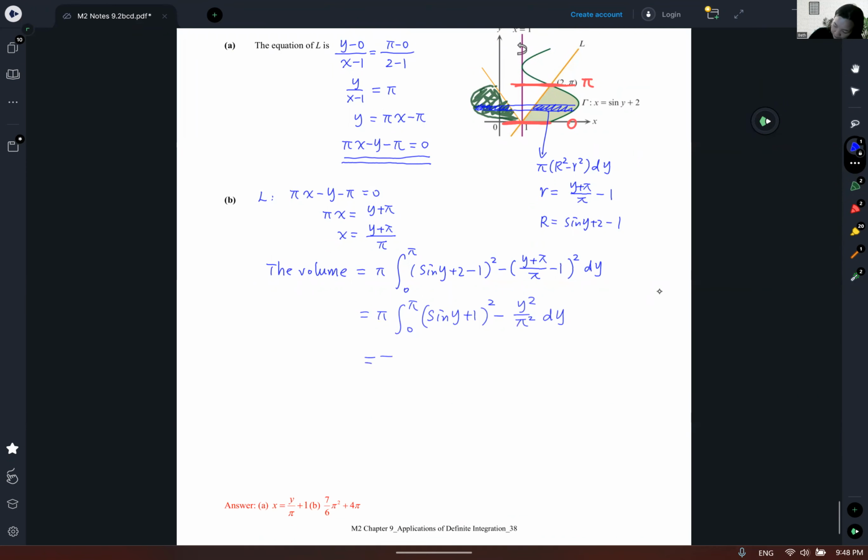Expanding: sine square y plus 2 sine y plus 1 dy. This one will be 1 over π squared times y squared dy. So need to simplify.